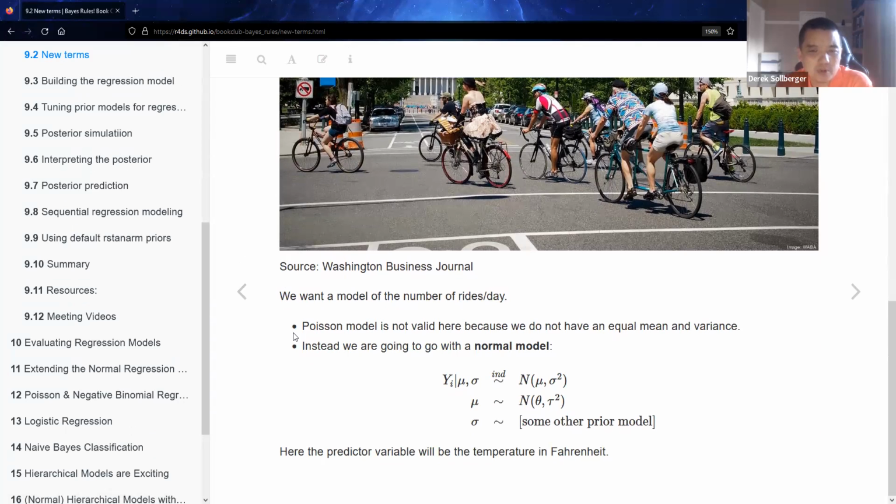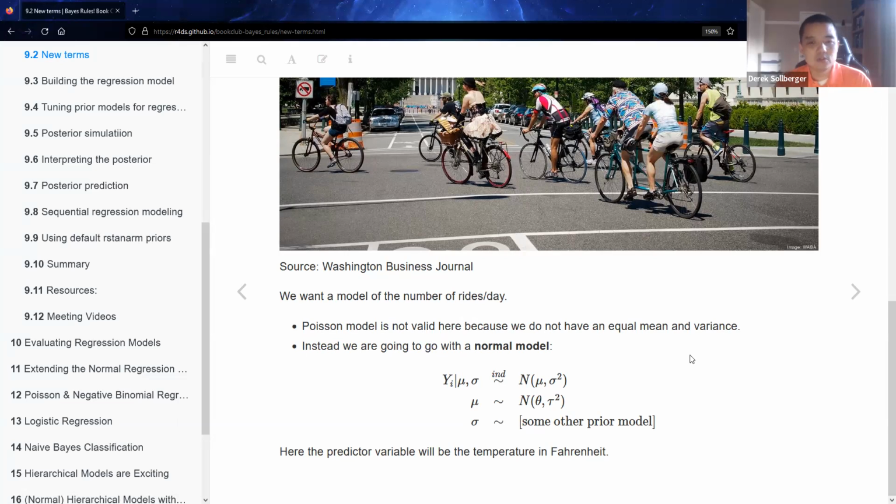In other studies about bicycling, because they're positive counts and usually thought of as whole numbers or integers, in other places you would consider a Poisson model. But as we want to become more flexible with how we approach the situation, we don't have the same mean or variance from day to day in the data.